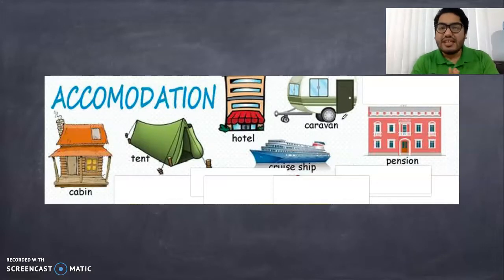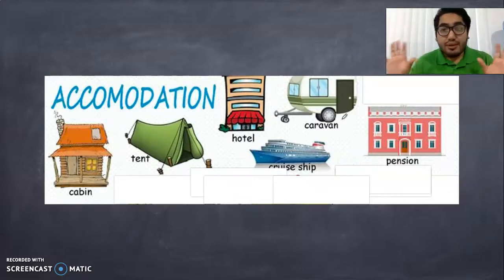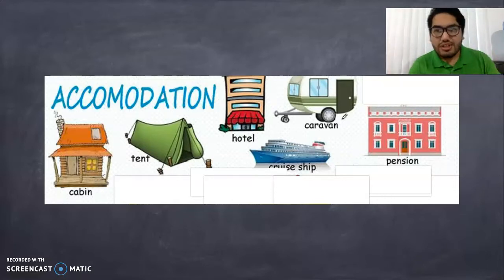A pension is like a hotel, but the difference is that you interact with all the people there. You have your room, but you have your kitchen, you have one bedroom or two bathrooms that everybody in the pension uses, and stuff like that.